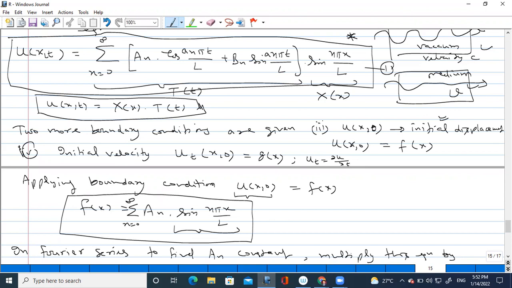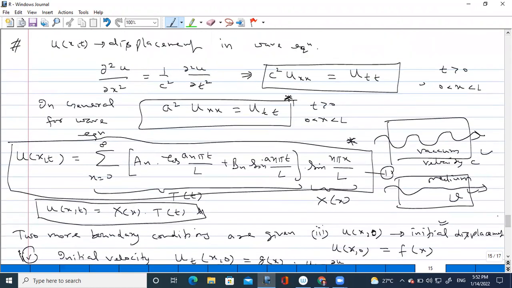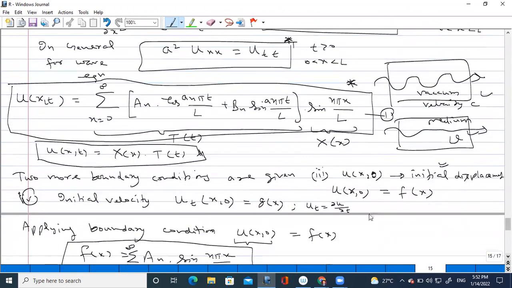So that I will write, then it will be ut. Because I want to apply the second condition. Second condition is what? This one, ut. Ut means it is del u by del t. So del u by del t I have to achieve first.